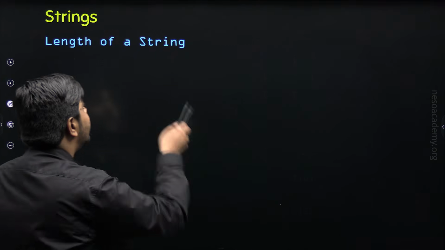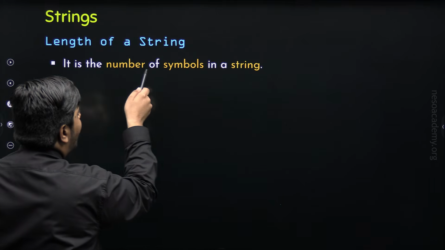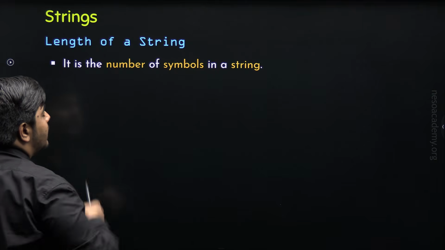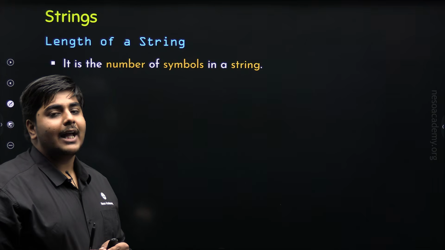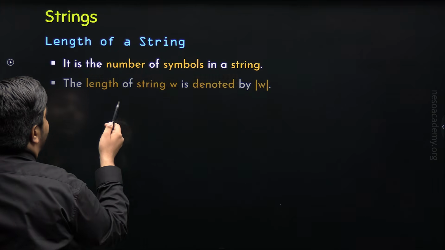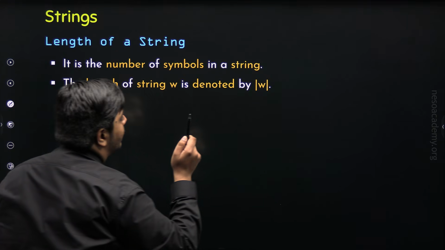So, the length of a string is defined as the number of symbols in the string. That means we just need to count the number of symbols in order to calculate the length of the string. The length of a string w is denoted by mod of w, |w|.